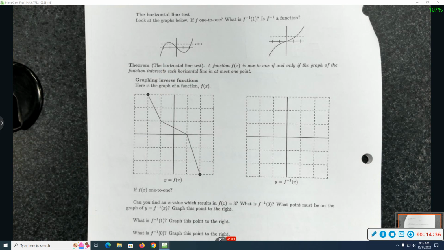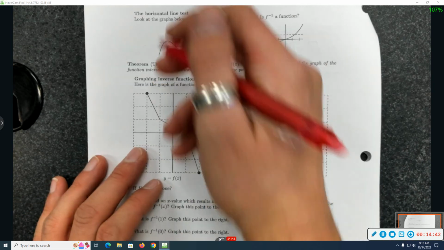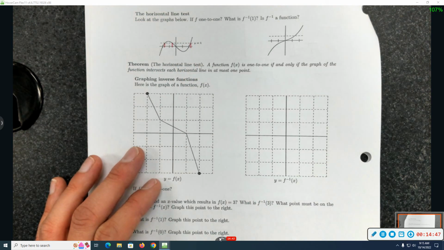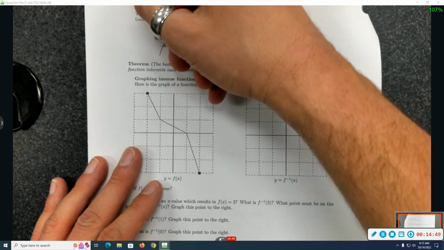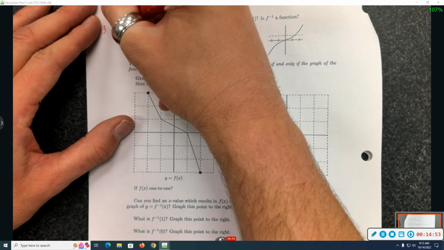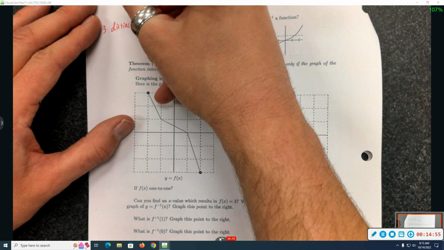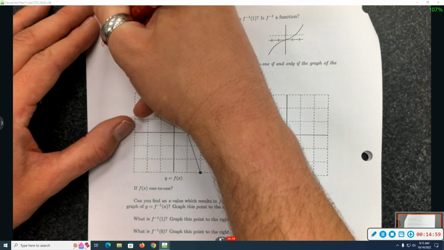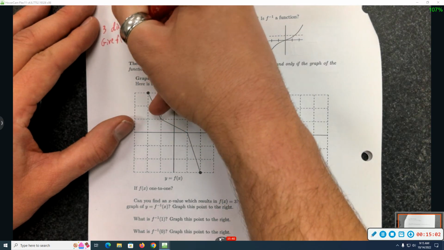No, why not? Yeah, I see 3 distinct points where the function is equal to 1. 3 distinct inputs give an output value, a y value, of 1.